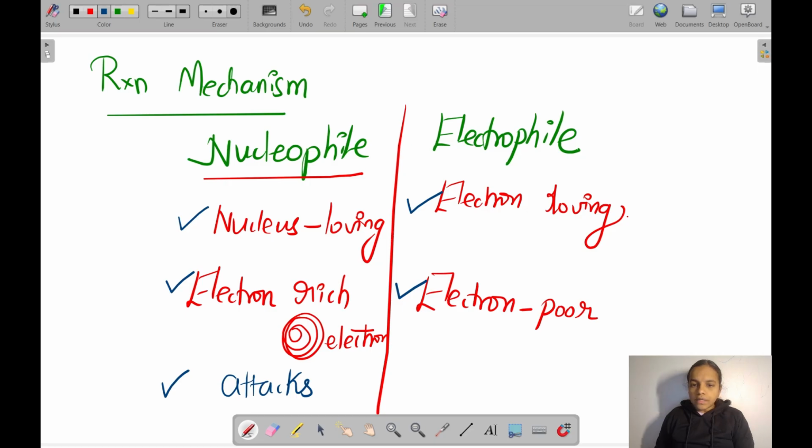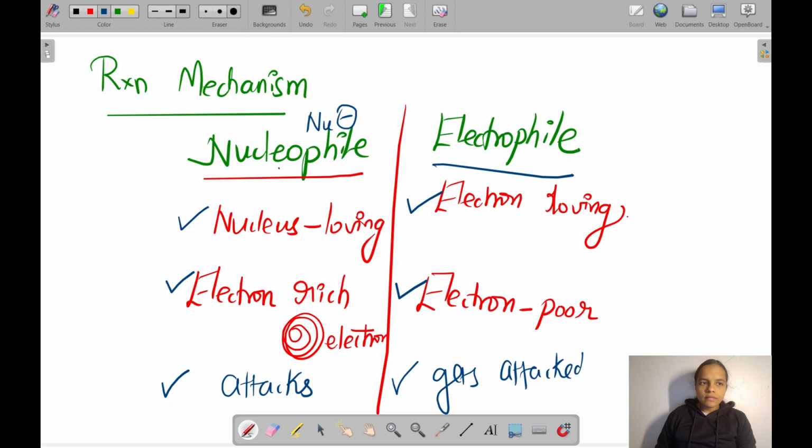So this will be the recipient of the attack, and the nucleophile is where the reaction initiates or the electron flow initiates. So this electrophile gets attacked. So this will give us the characteristics of nucleophile and electrophile.